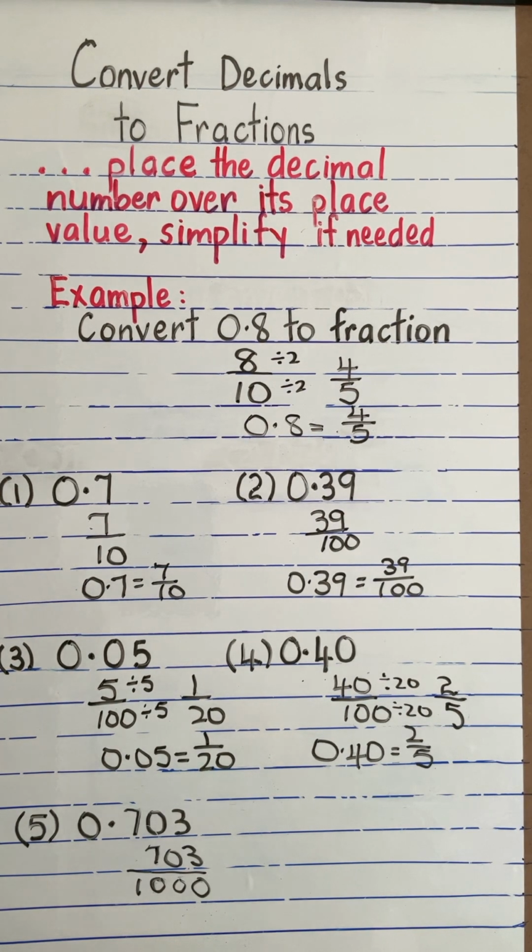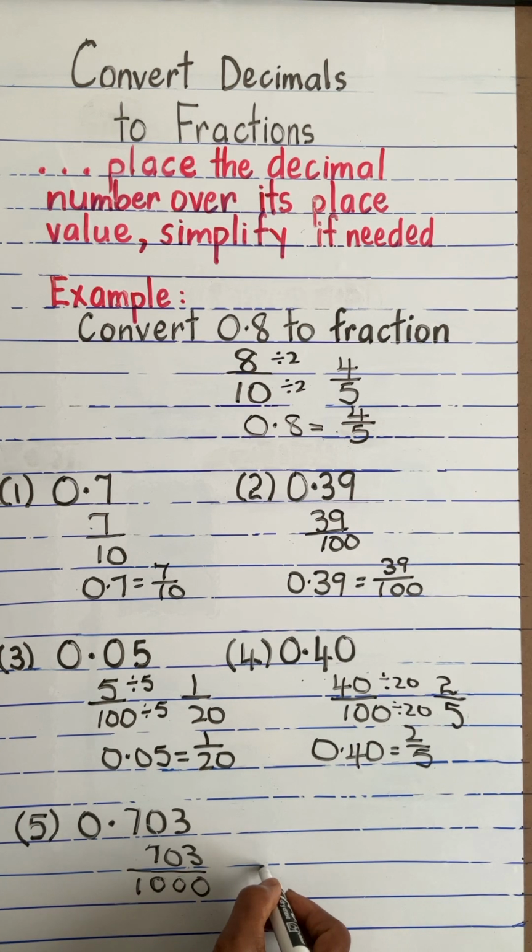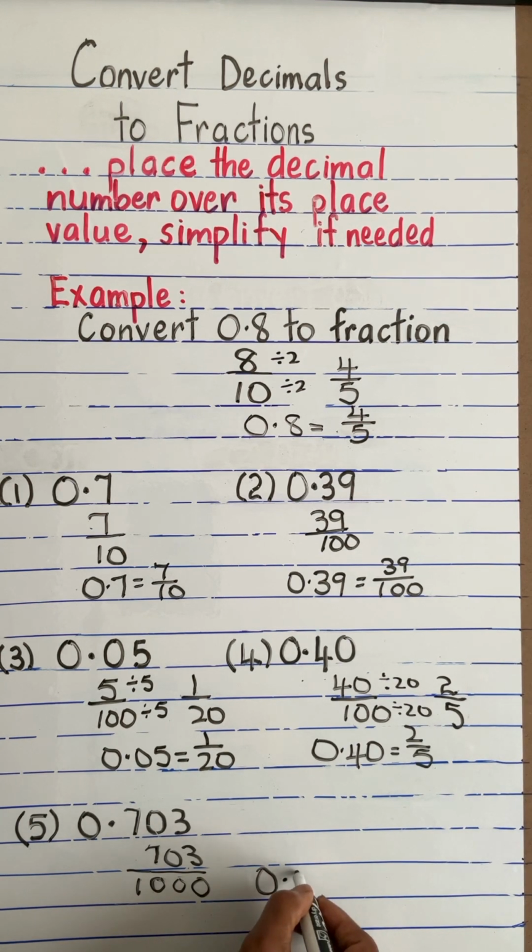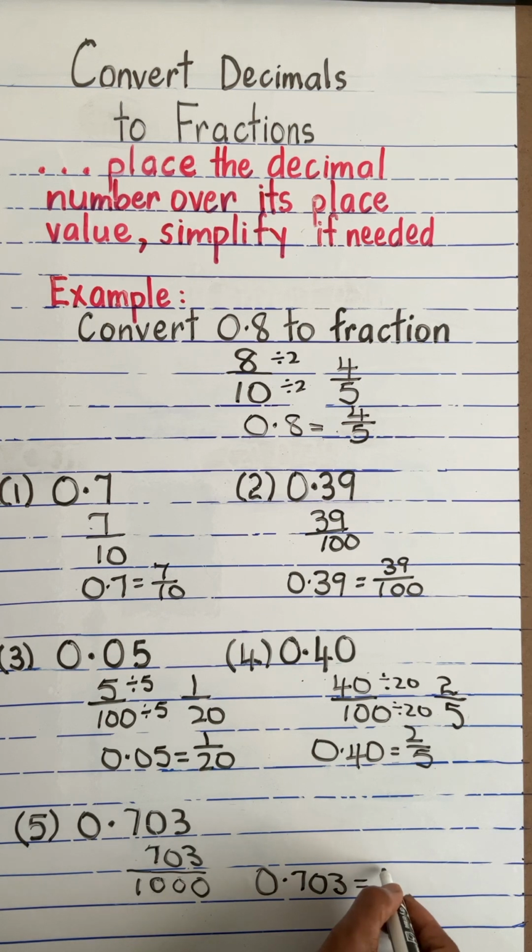So therefore, 0.703 is equal to 703 over 1,000.